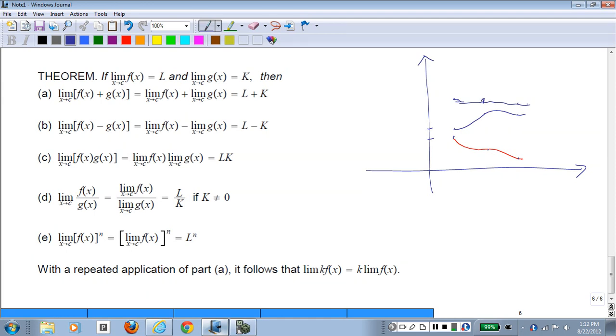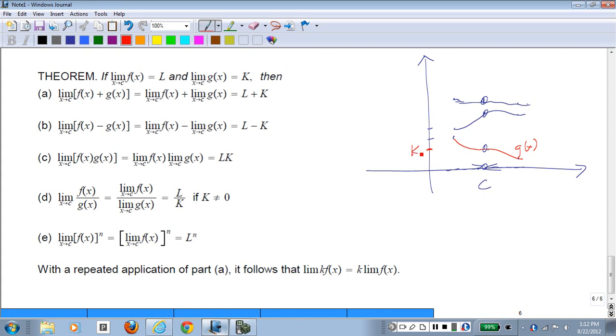Well, here we go. Let's pick a point there, and a point there, and a point there. X approaches c, like this, and like this. X is getting really close to c. g of x, there's g right there. g of x is getting really close to, what's the limit of g of x as x approaches c?